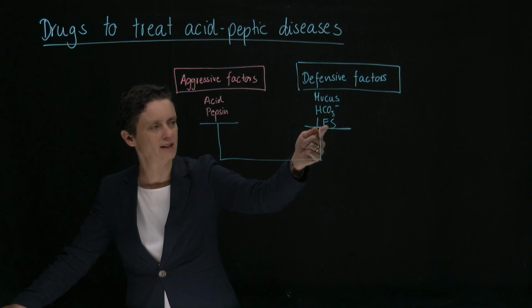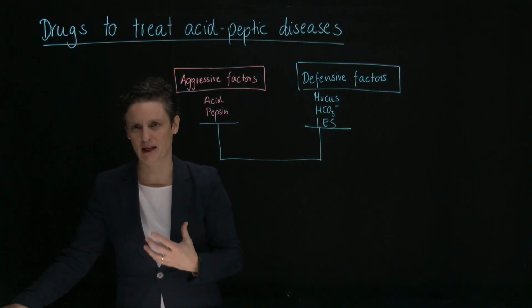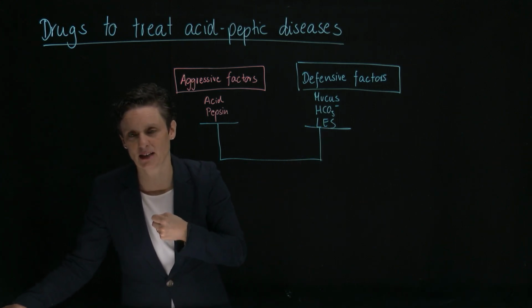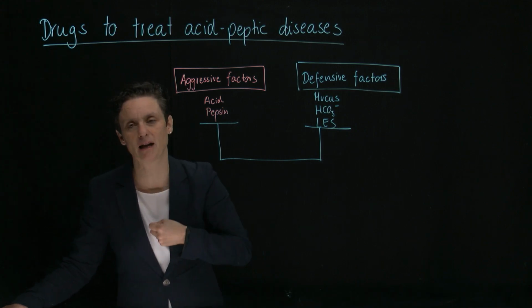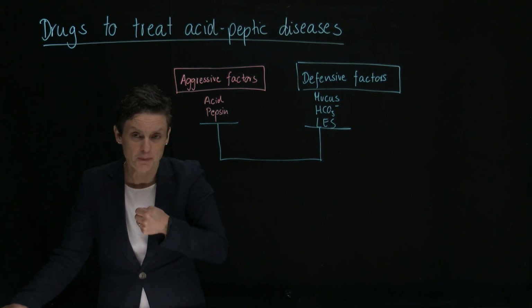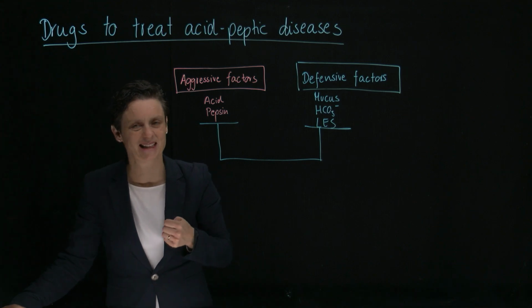Also the lower esophageal sphincter is helping us, because this is a sphincter that prevents the stomach acid from coming back up into the esophagus. It should usually be rather tight and closed.